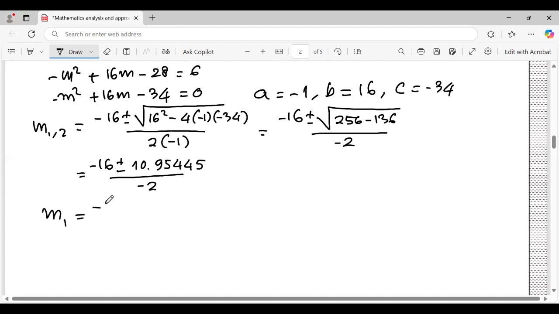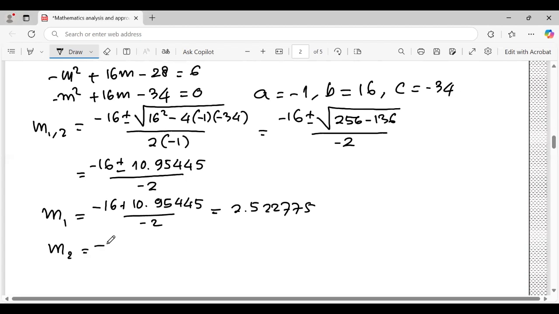M1 is minus 16 plus 10.95445 over minus 2, and the result is 2.522775. Meanwhile, M2 is minus 16 minus 10.95445 over minus 2, and the result is 13.477225.